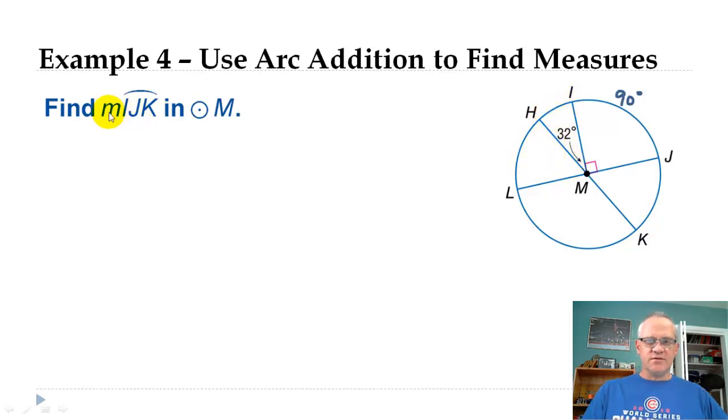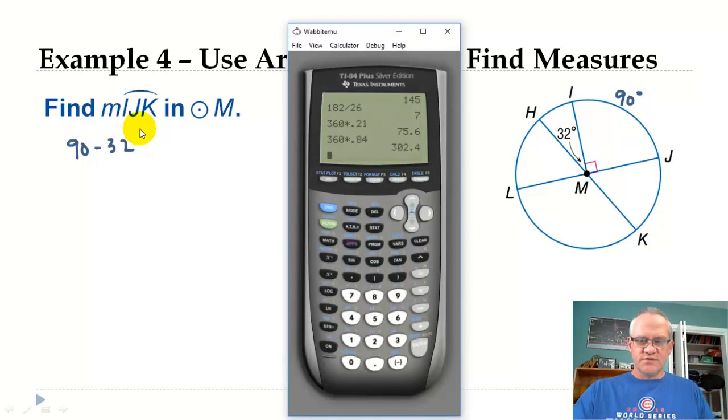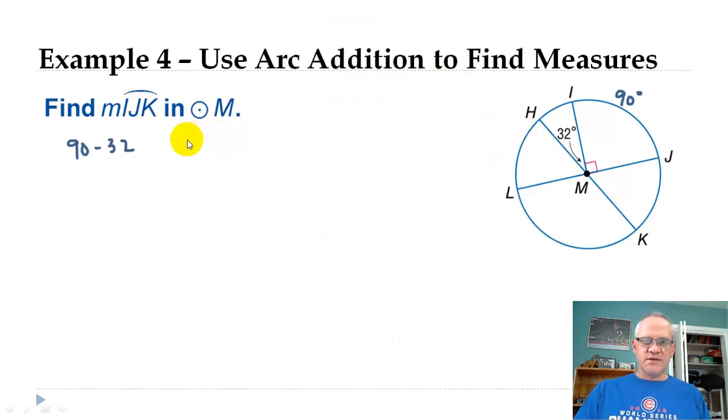I could take 90 and subtract 32. 90 minus 32, I'm going to get 58. Why did I do that? Well, that told me what this angle is right here, because together, 58 and 32 would have to be 90.